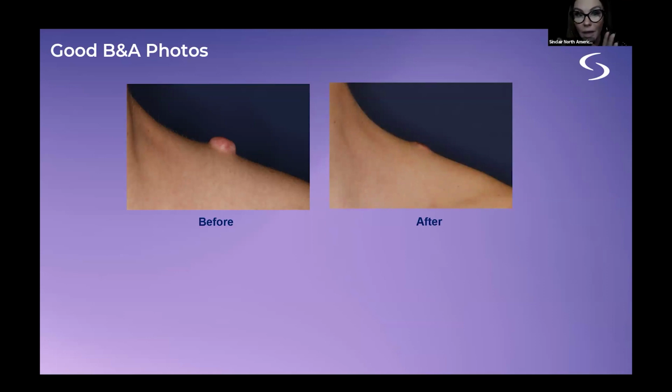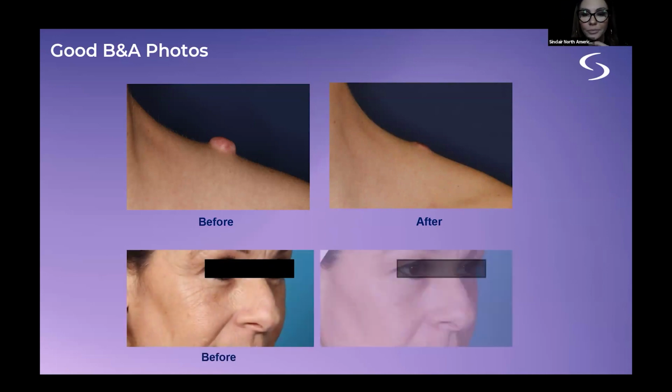So here's a good example of that. They weren't standing above the shoulder or below. They were directly straight on, great before and after photo, great backdrop, great lighting. And then same here. Although I prefer black, it's still a very professional, very good before and after photo.